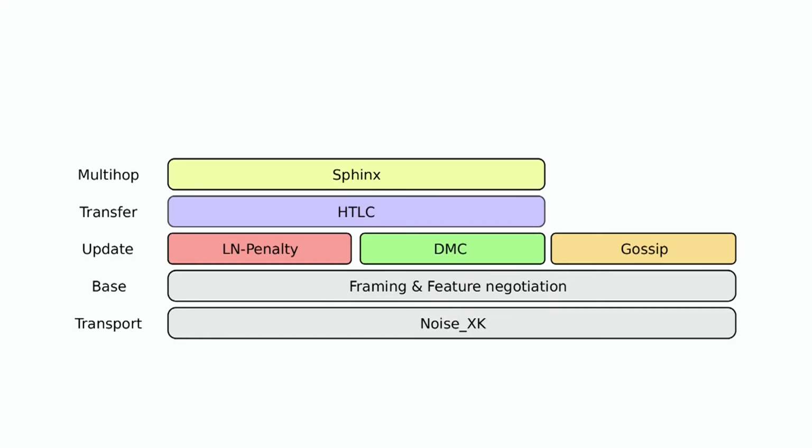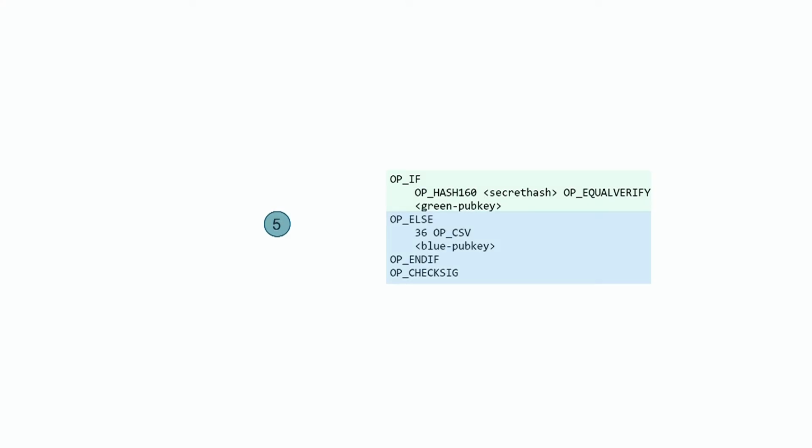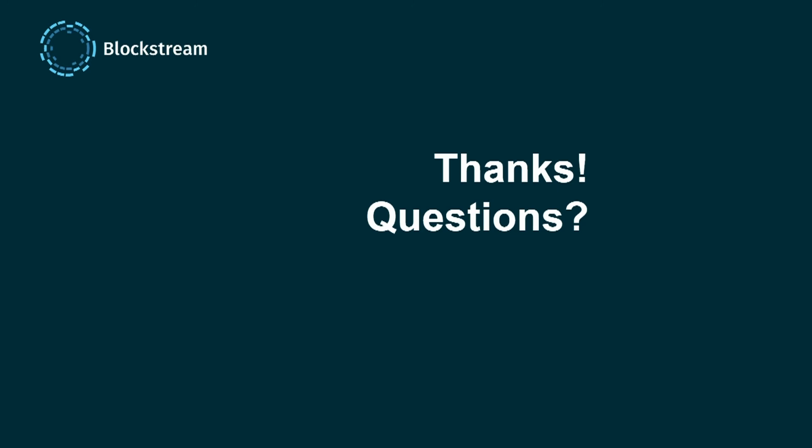We have the transfer layer in HTLCs, and we have a lot of framing and negotiation in there as well as gossiping. So this is a huge ecosystem. There's lots of fun to be had. Join us. And I'll skip the last few slides. They're basically just about HTLCs and the onion network, but happy to take questions.